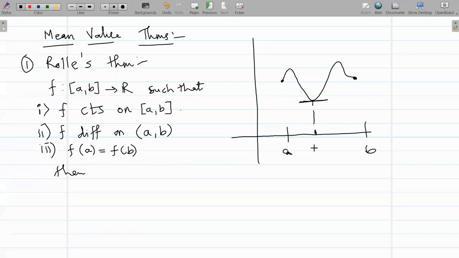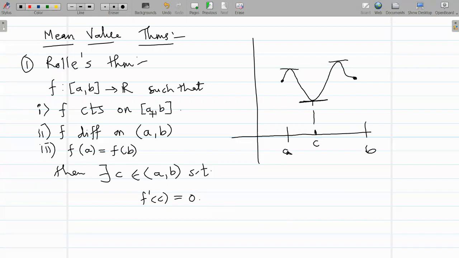So there exists some c between a and b such that f'(c) is 0. Sometimes you may have more than one such c, but there will definitely exist one. That's what Rolle's theorem is saying.